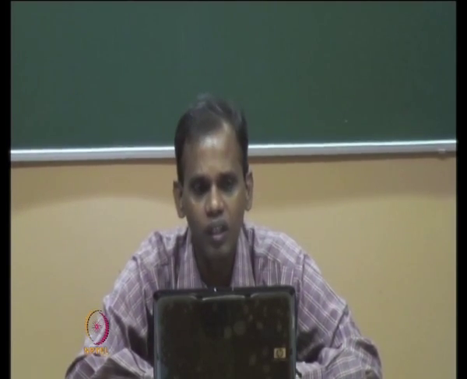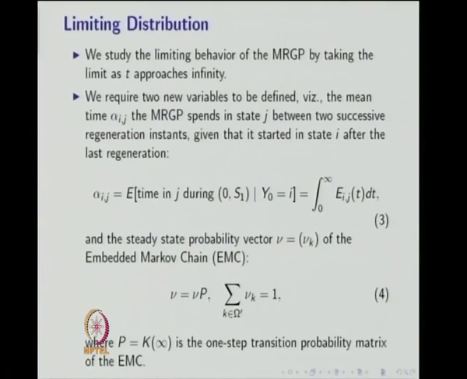Now, we are going to discuss the limiting distribution or steady state measures. We study the limiting behavior of the MRGP by taking the limit as t approaches infinity. We require two new variables to be defined, namely the mean time alpha i comma j the MRGP spends in the state j between two successive regeneration time instants, given that it started in the state i after the last regeneration.